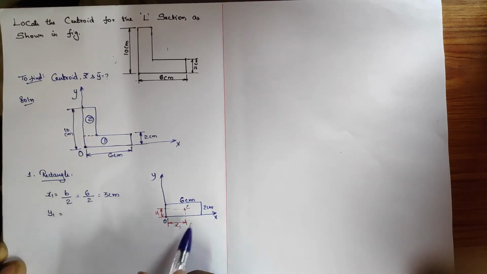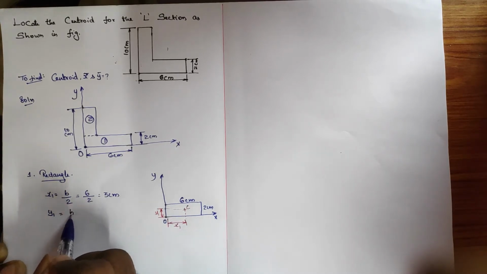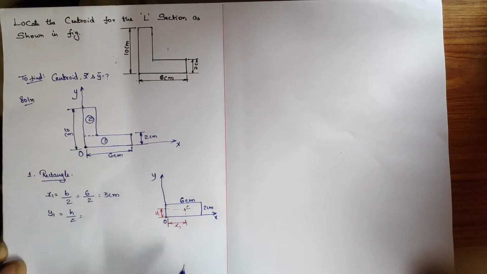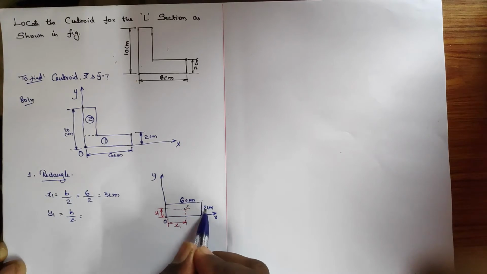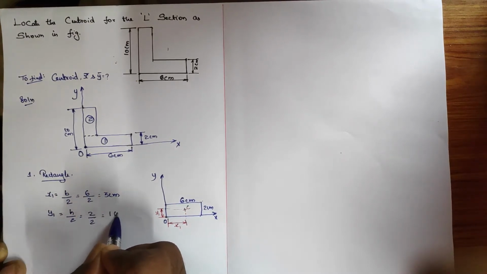What about the formula? The formula for the centroid in the y direction, along the y axis, is breadth divided by 2, right? That means h divided by 2 in the formula. So here h is 2, the width is 2, so 2 divided by 2 we get 1 centimeter.